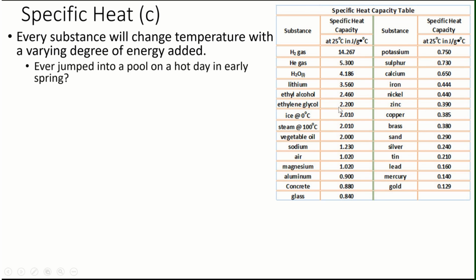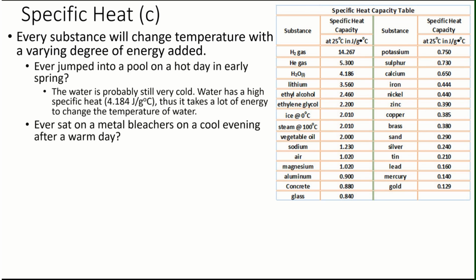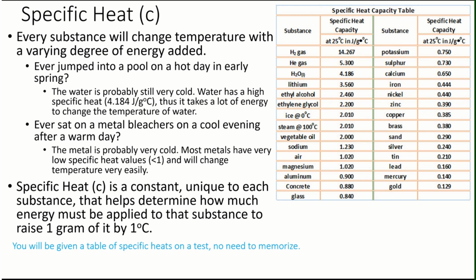And for your homeworks, you'll want to refer back to this chart to reference your C's, your specific heats. On a test, you'd be given the tables, so I'd give you the specific heats you need, but again, for your homeworks, you'll just have to reference this particular slide to find the heat capacity, or the specific heat.